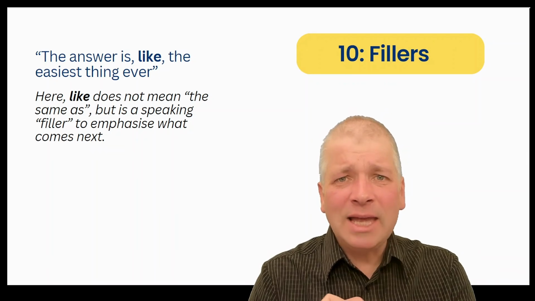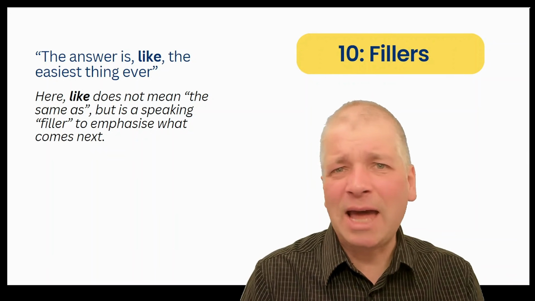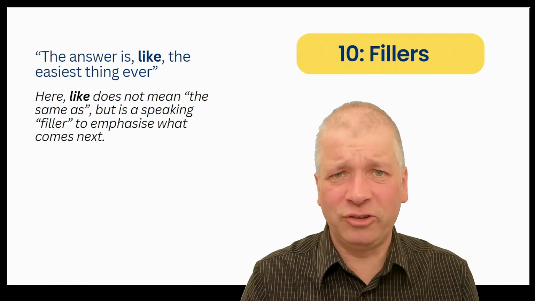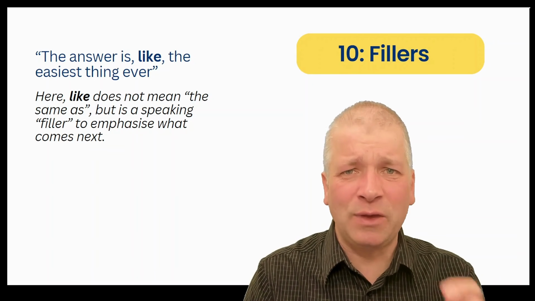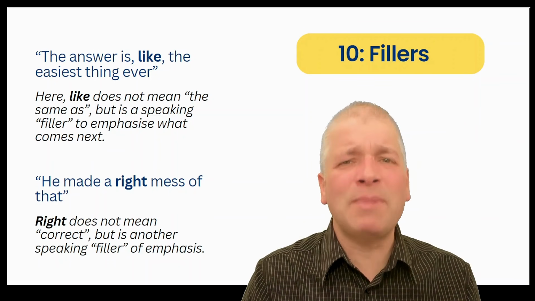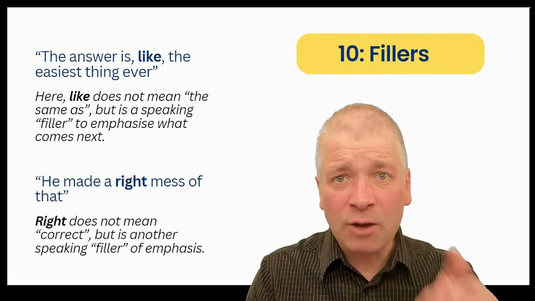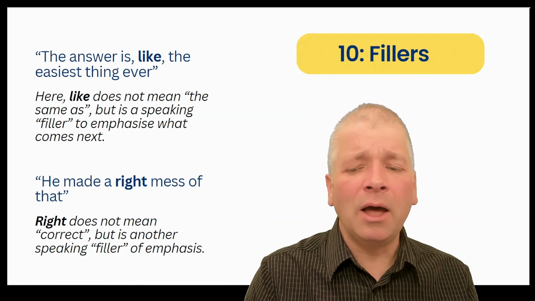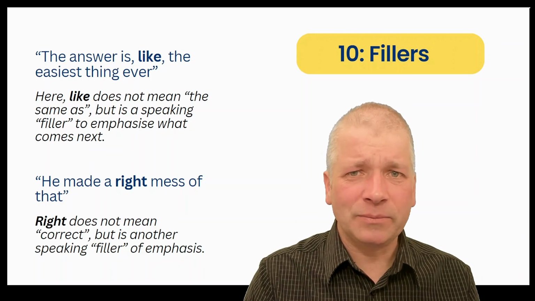But here it is a speaking filler, and it simply emphasises what comes next. It's drawing more attention to the fact that it's the easiest thing ever. Similarly, he made a right mess of that. And here, right does not mean correct, but is another speaking filler of emphasis.